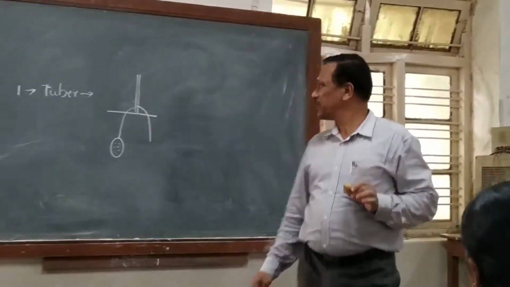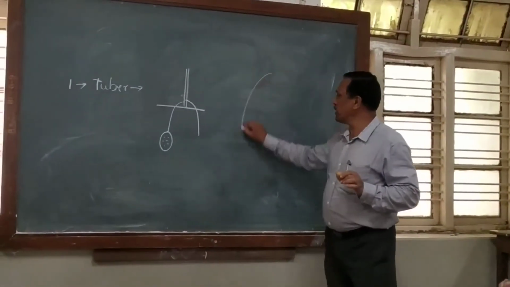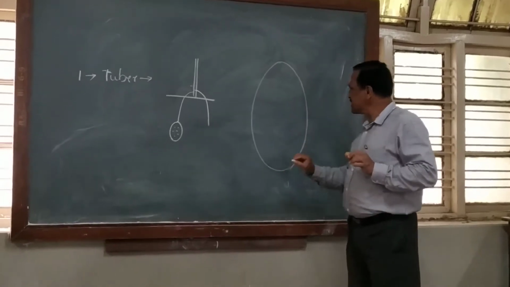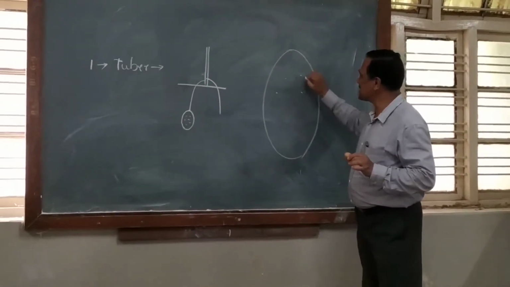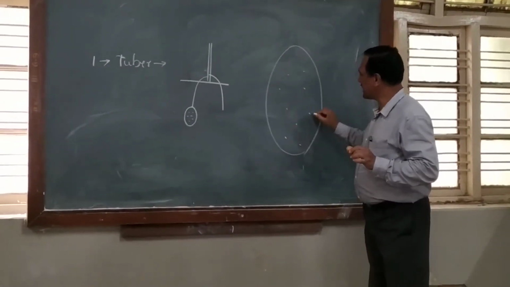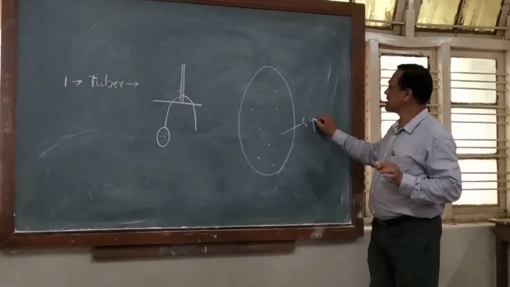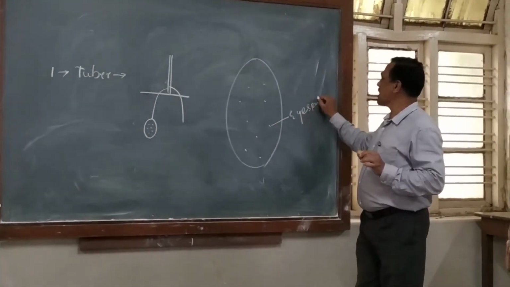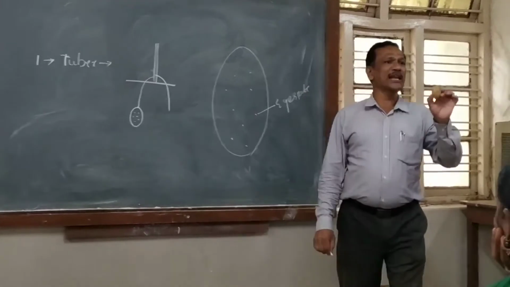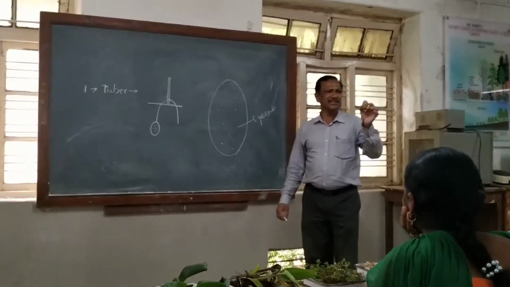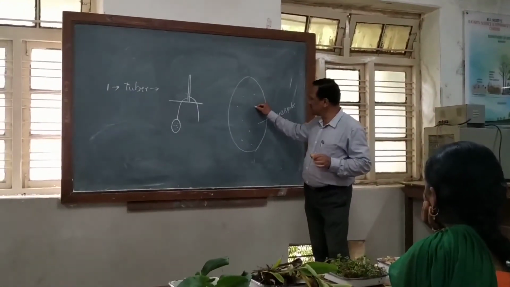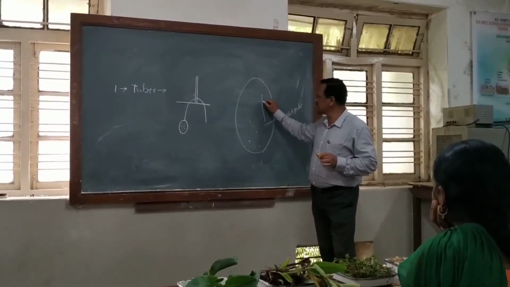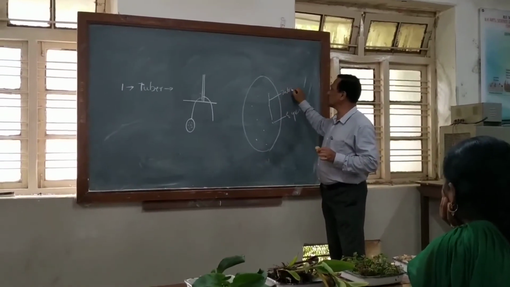For example, this is one potato tuber, and in this tuber you can see the eye spots like this. These eye spots are nothing but the nodal regions, just like the stem. And the distance between two nodal regions is called an internode.